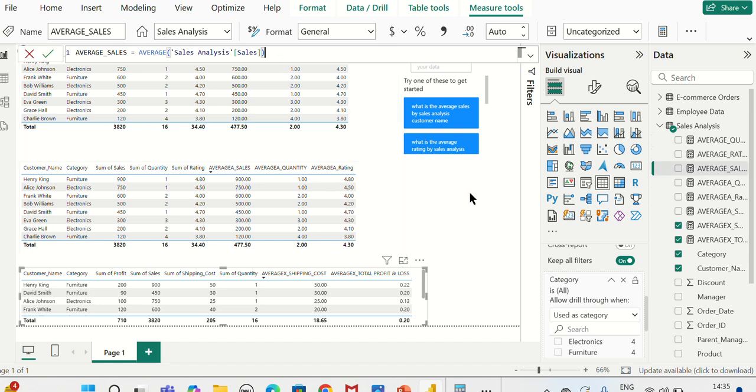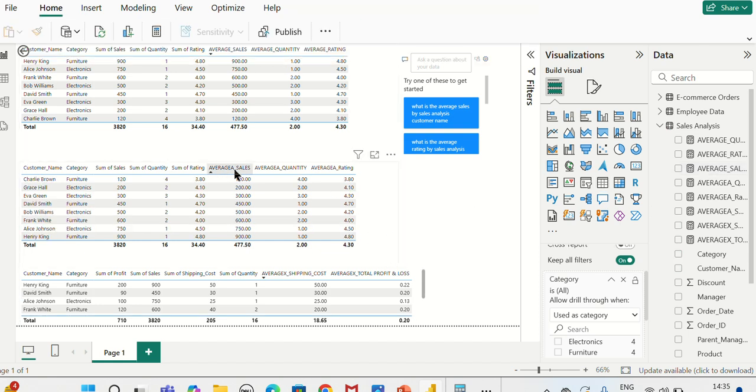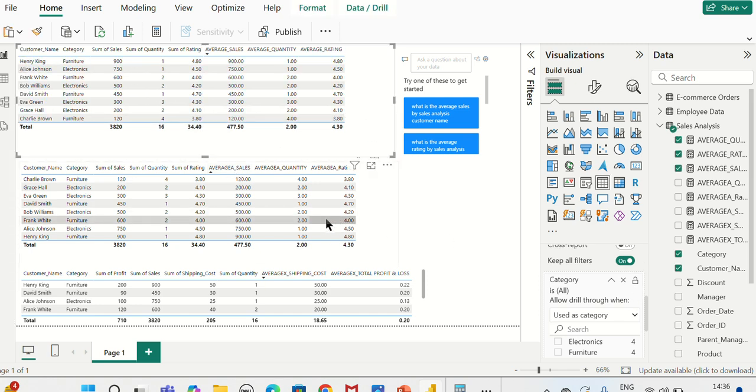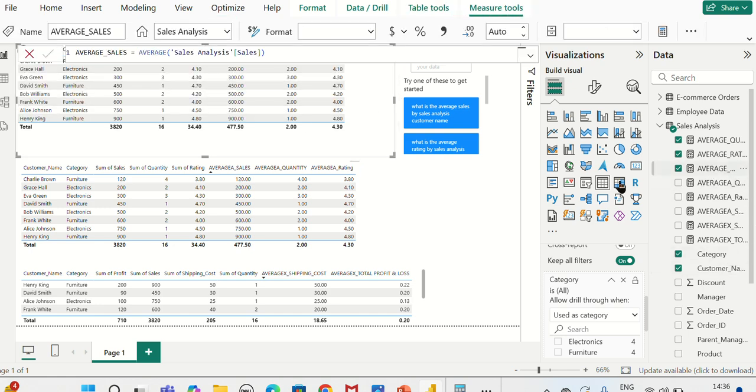First we will cover AVERAGE, then the AVERAGEA calculation, then the AVERAGEX calculation. In this table we have customer name and the category they are going to sell, then sum of sales, sum of quantity, and sum of rating. First I'll show you the average sales.